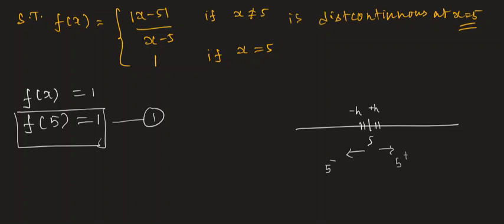Now the given function is the modulus of x minus 5 divided by x minus 5. Let us consider x minus 5, the numerator part, because x is not equal to 5, meaning it can be on the right side or the left side.